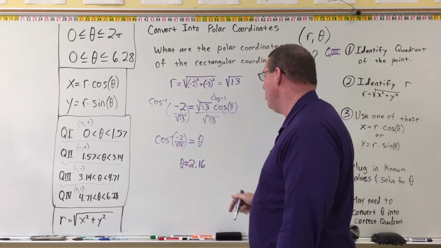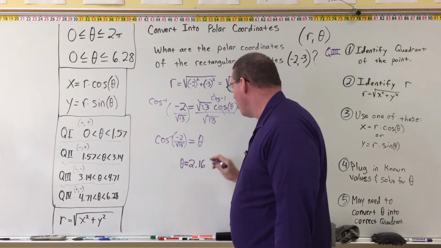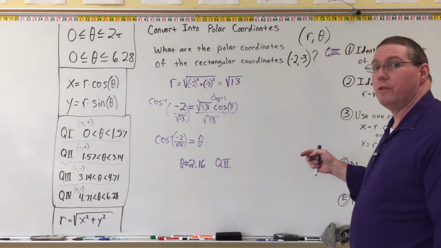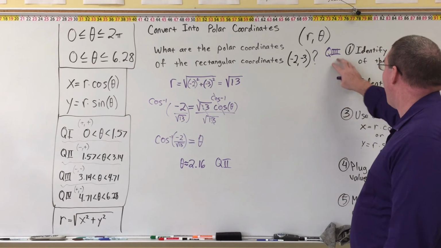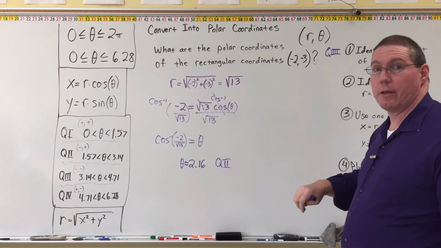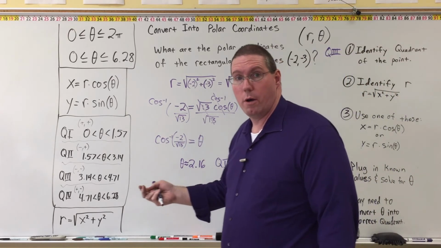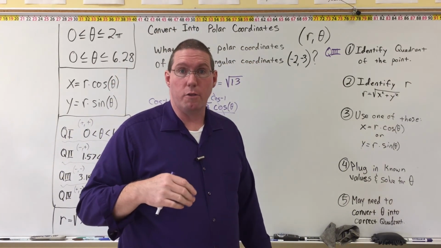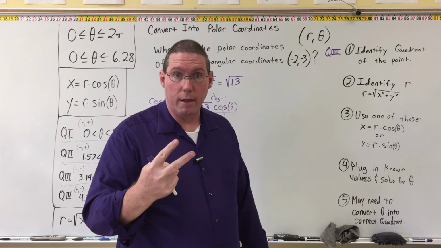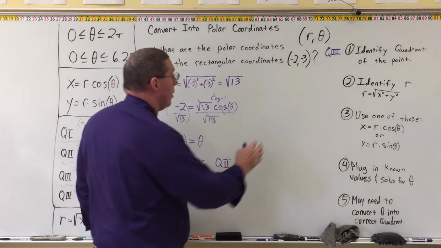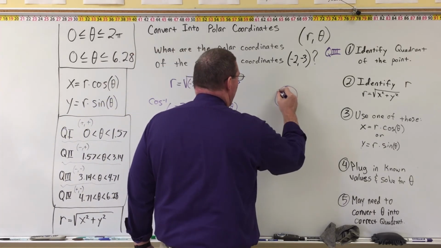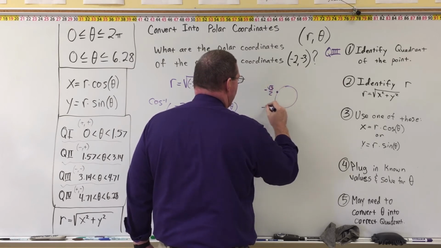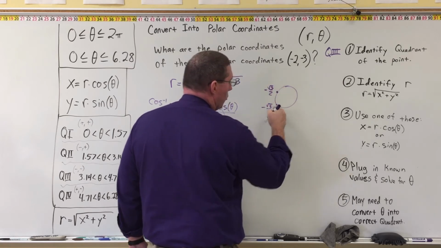So what we now have to do is turn this quadrant 2 theta angle into the equivalent angle in quadrant 3. Remember how we said a few lessons ago that for every cosine, there's two answers. Like in quadrant 2, we can have negative square root of 3 over 2, but we also have negative square root of 3 over 2 in the third quadrant.